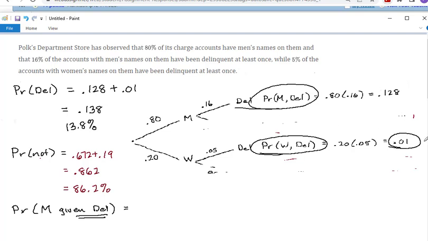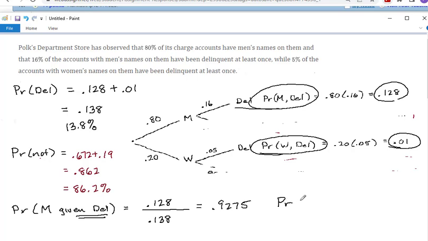So now in my total sample space, there's 13.8% of my accounts, so it's 0.138 between the two. What's the probability that it's a male? So a success would be that it's a male account. That's this one. It'd be 0.128 out of 0.138. That's 0.9275.